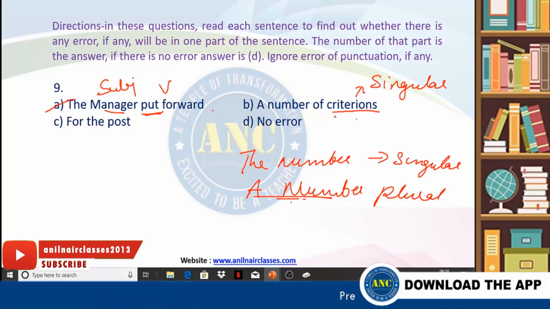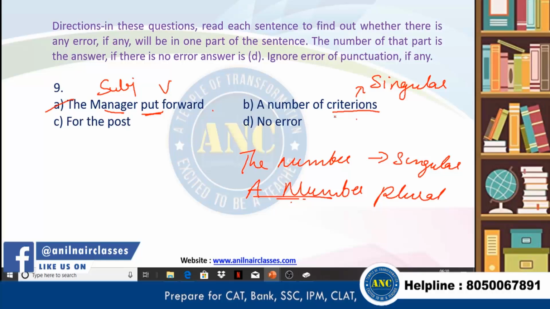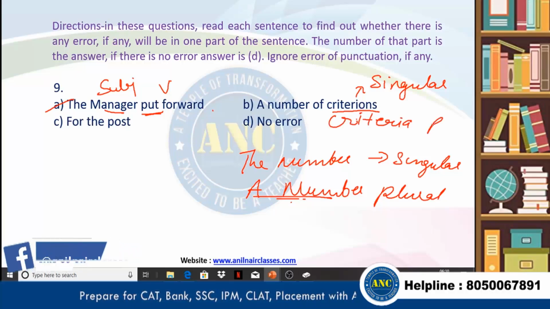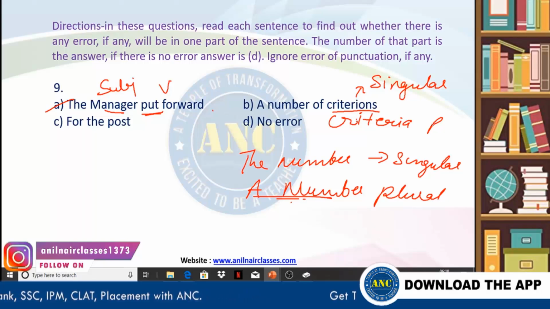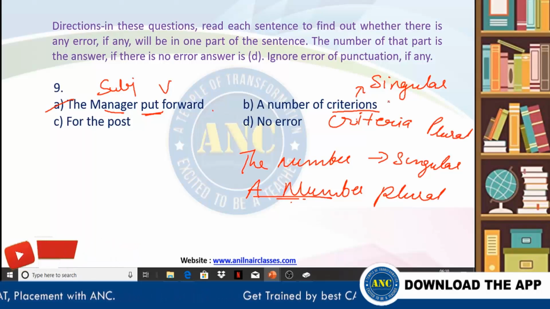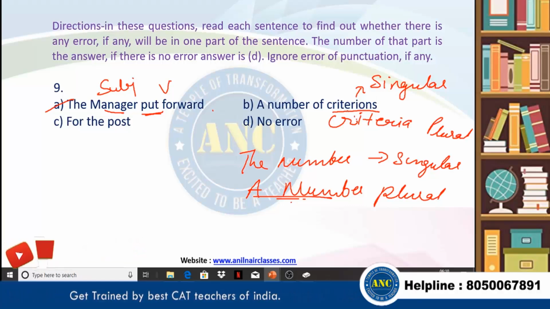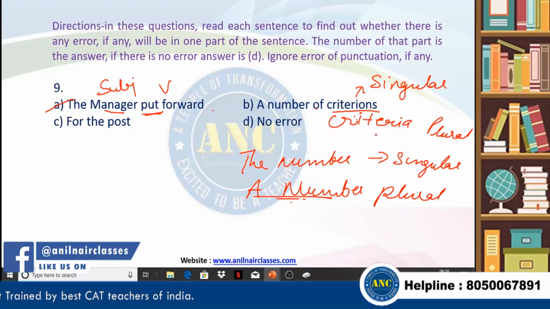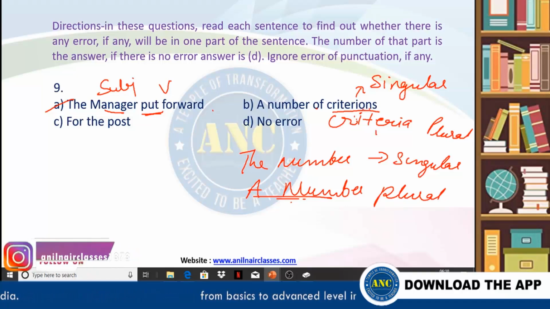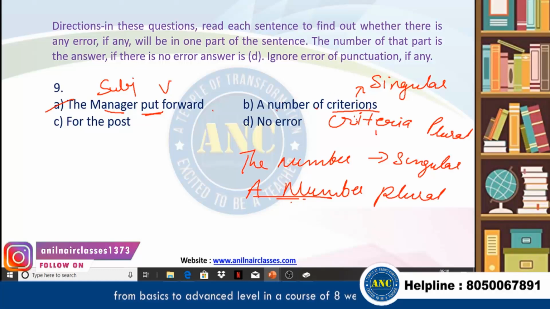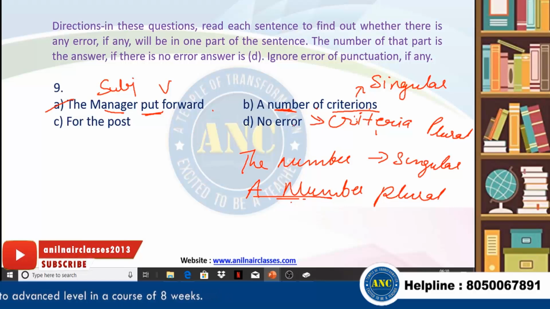And we have another form of it, criteria. Criteria is plural. When a number of is plural, how can you use criterion over here? Here itself is a mistake. It's a blunder, right? So it should be a number of criteria. We cannot say the singular criterion. Understood why it is wrong? Because there is a number of, which is plural. So we need a plural form of the noun over here.